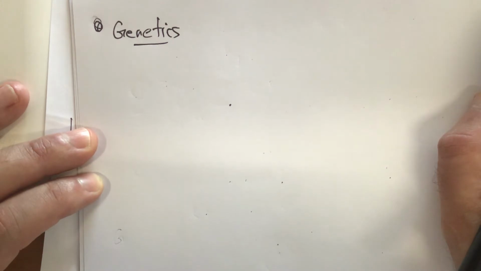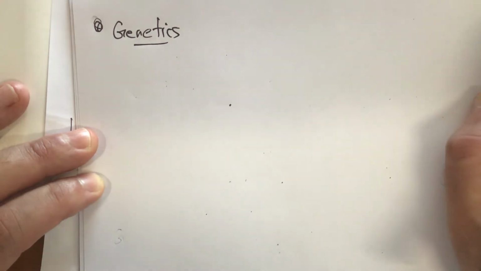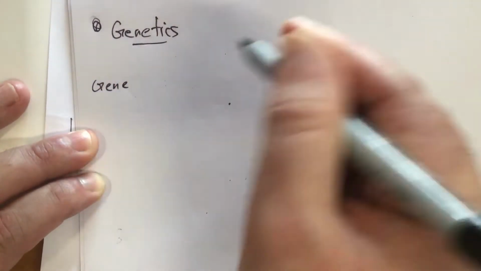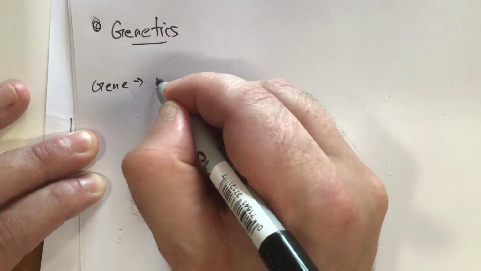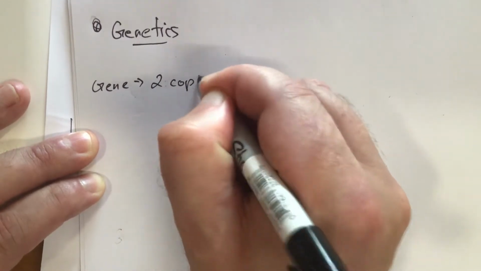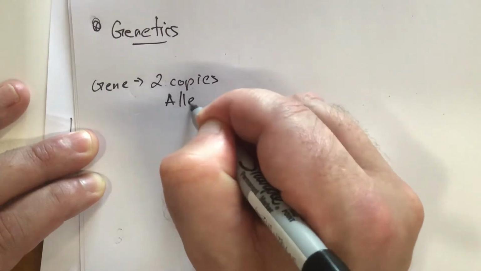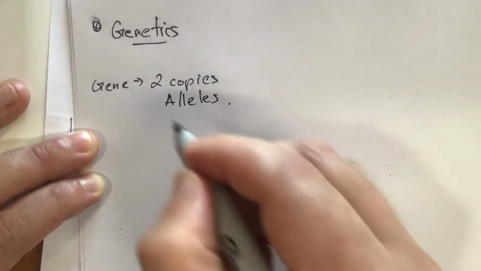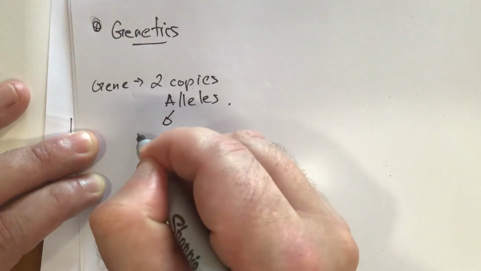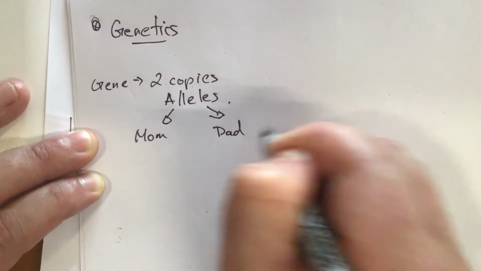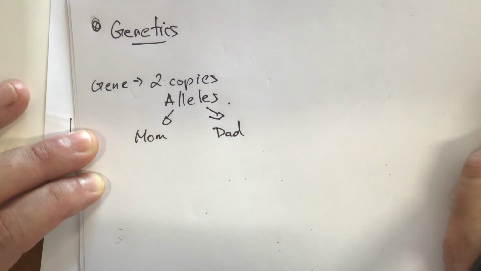Okay, so we started talking about the work of Mendel and a few things that we need to remember. When we have a gene, there are 2 copies or flavors of any gene, and these were called alleles. You get one allele from mom, and you get one from dad. That's the easiest way to go through it.